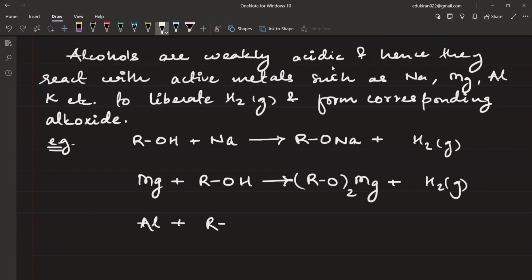Aluminium plus ROH. Balancing of the reaction you can do accordingly, don't worry about that. Now aluminium has the valency of plus 3, so it will be (RO)3 thrice, aluminium, plus H2 gas.